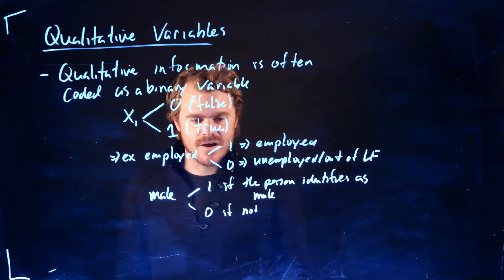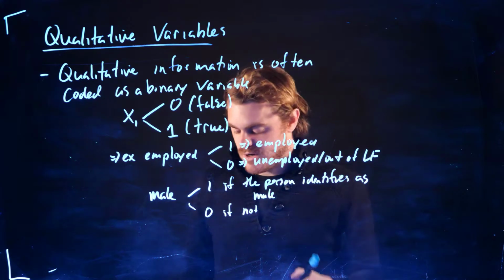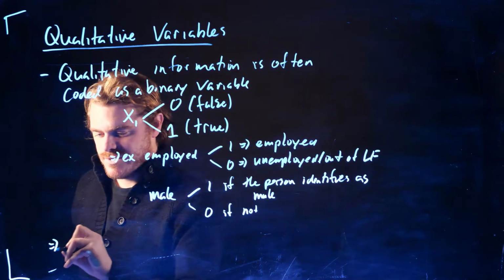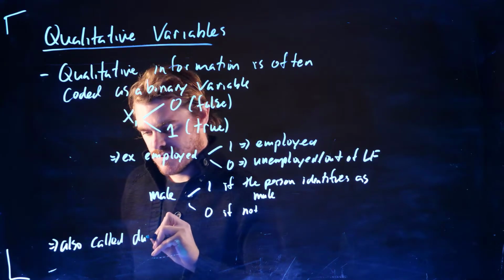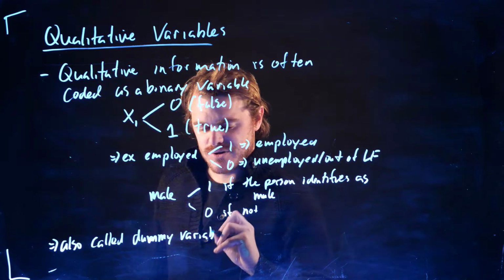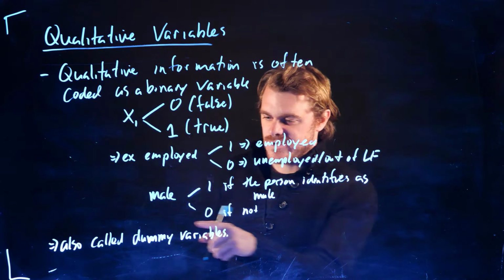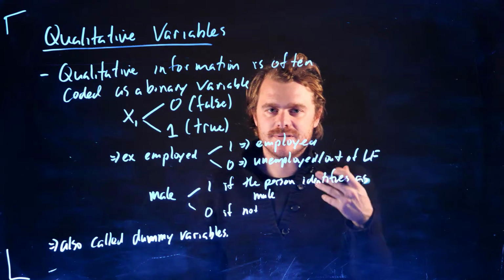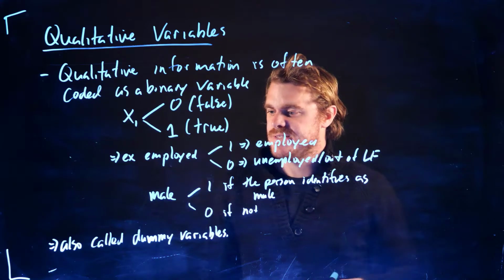Or we could have a variable female that equals 1 if the person identifies as female, and 0 if not. We often call these dummy variables. So you'll see that term used a lot. If you see dummy variables, it's referring to the same thing, these binary variables that take 0 or 1. And you definitely hear dummy variable when we cover the dummy variable trap. It's a classic name for a certain perfect multicollinearity that comes up in these situations.